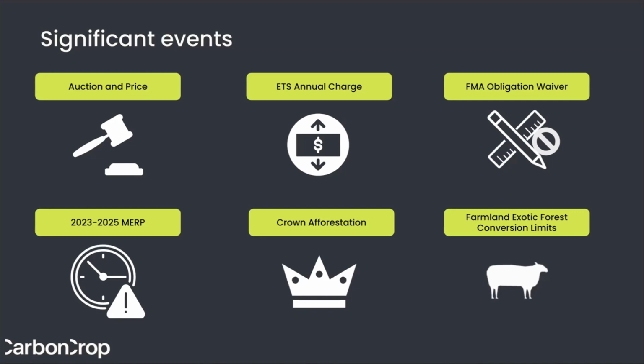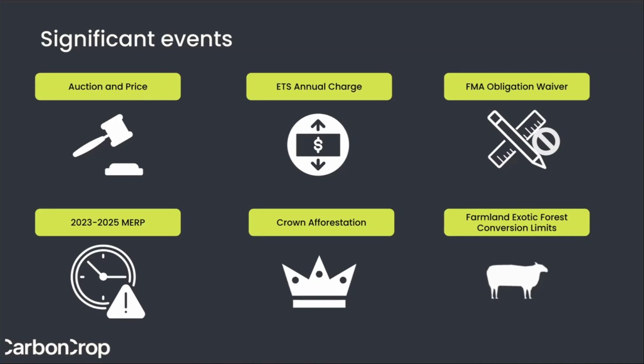Also welcomed, there was a confirmation on FMA obligations for forests which were registered at the end of the last MERP, that is to say prior to the end of 2022. If they hadn't yet completed an FMA cycle, they were obligated to complete an FMA set of measurements and get participant-specific tables for this MERP that we're currently in, finishing at the end of this year. That is no longer the case.